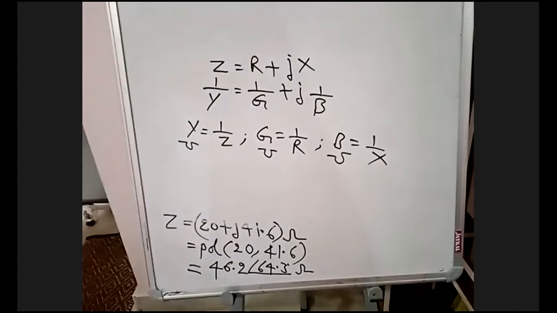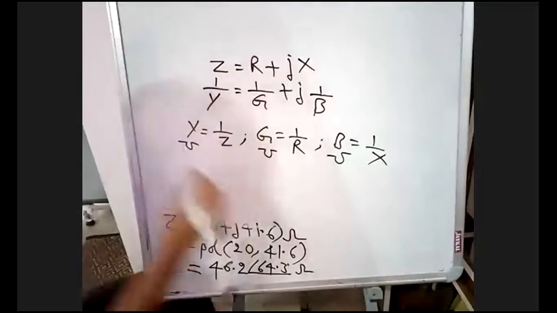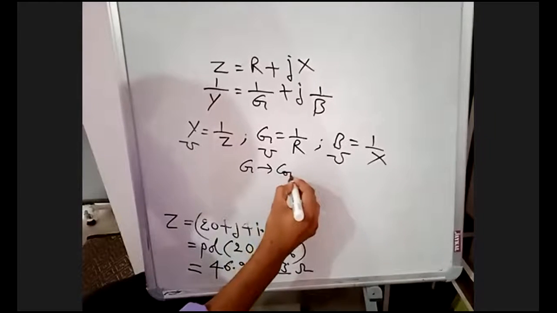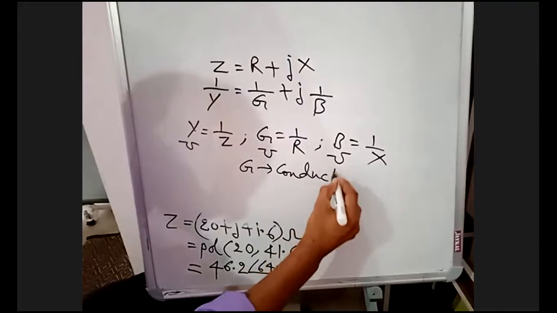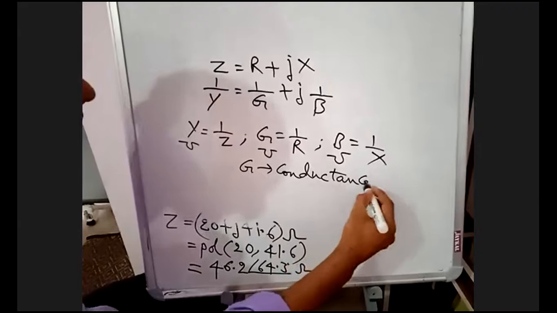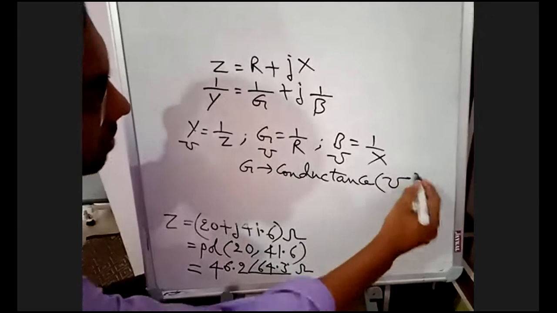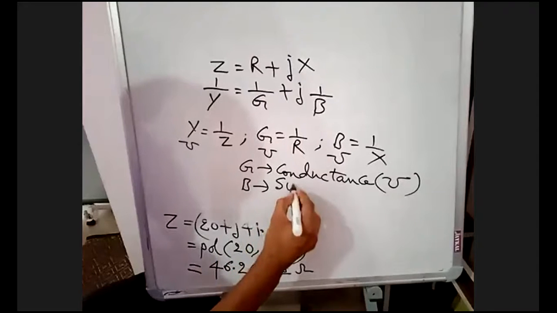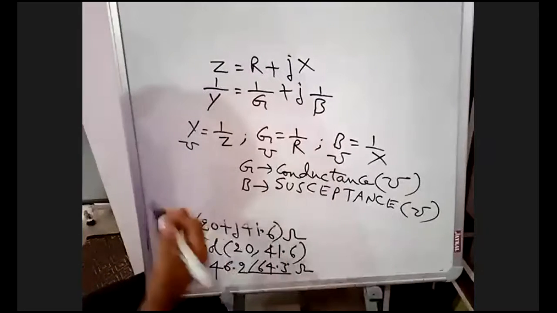Listen here, Y is called admittance, G is called conductance, the unit is Siemens, B is called susceptance, the unit is Siemens.